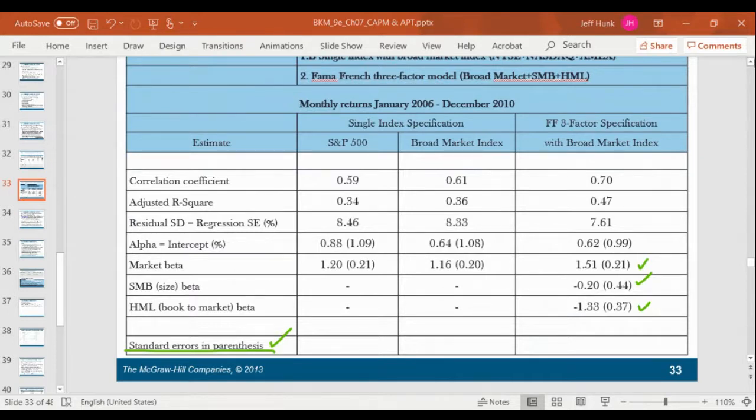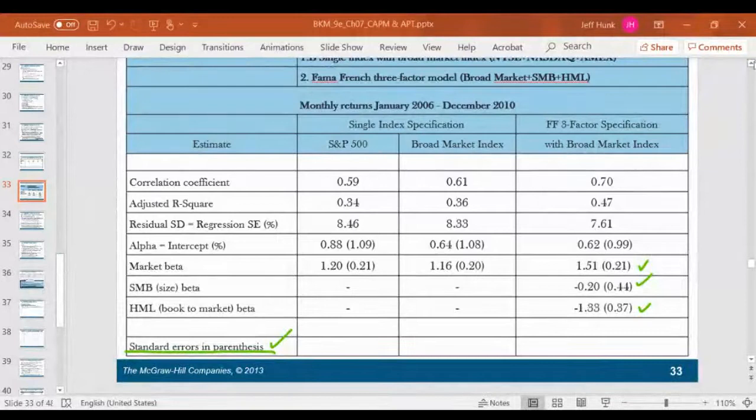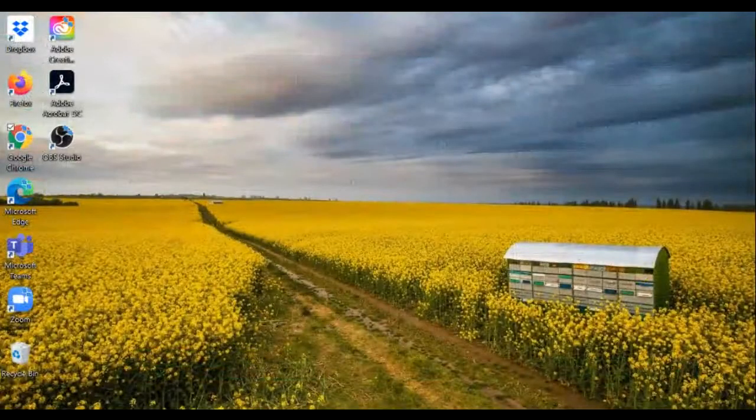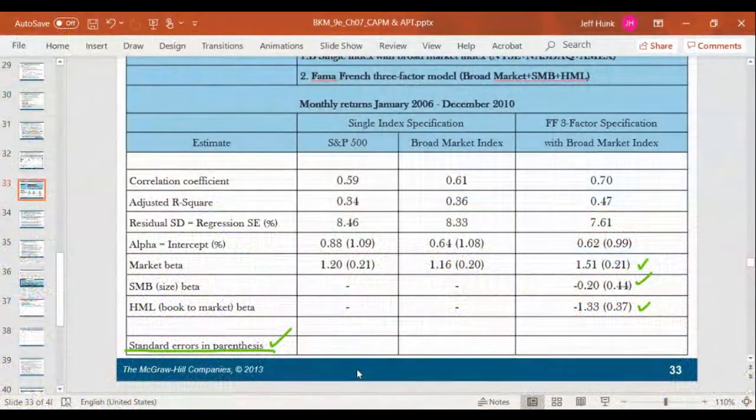They compared basically a single factor model, a two factor model, and a three factor model.